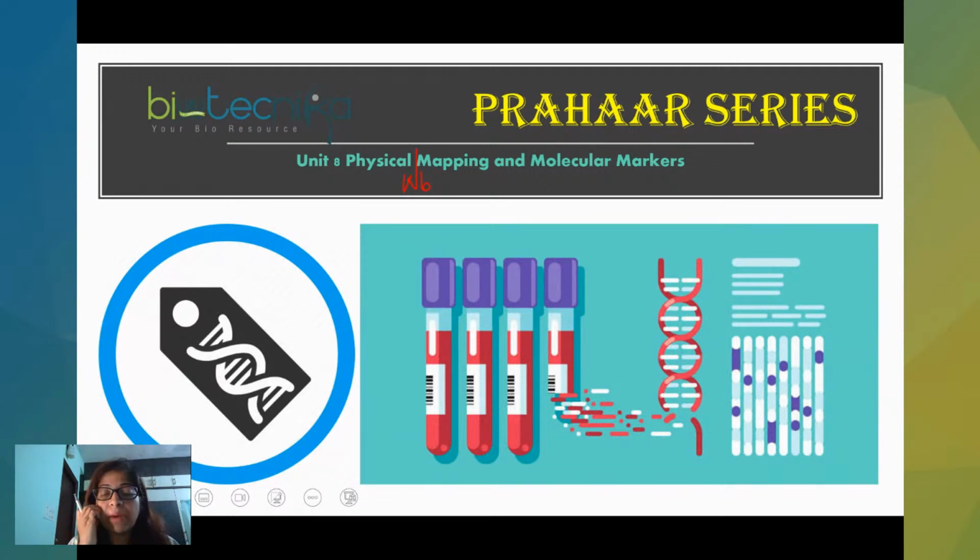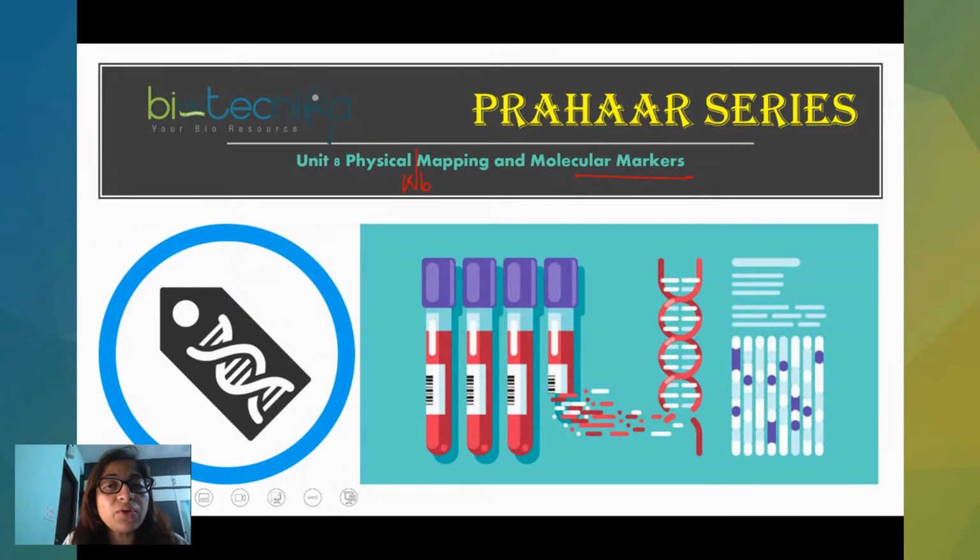Now, markers are not required to be genes. They don't have to be genes. They can be any unique non-coding sequence, and that is what is called a marker. So they will basically be landmarks, but those landmarks need not be genes. They can be any sequence which is unique to that particular location.